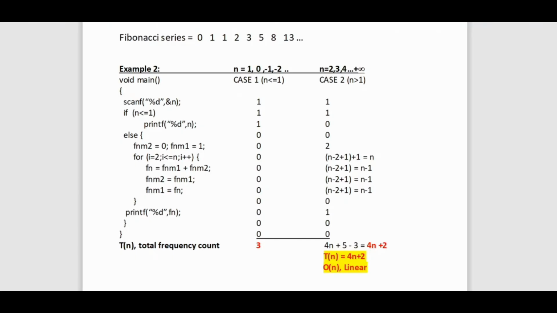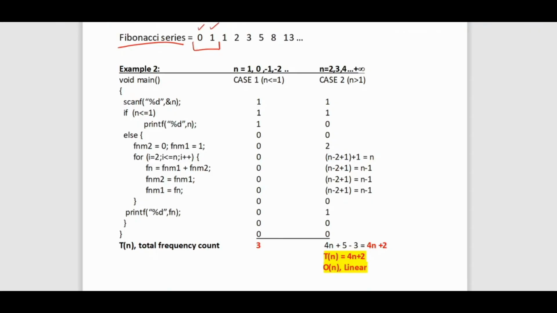The next example we're going to discuss is a program that generates the Fibonacci series. In mathematics, the Fibonacci series is a series of numbers such as this, which starts with initially two numbers, 0 and 1.